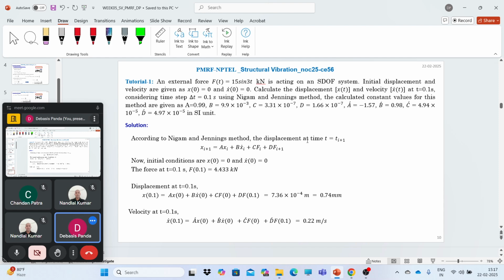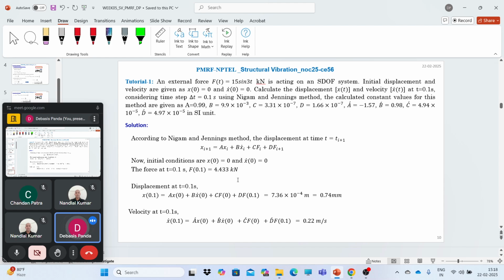Here the forcing function is given as 15 sine 3t, so instead of t, just replace 0.1. So we will have 4.433 kilonewton here. And for another time instance, if we need to calculate the response at 0.2 seconds, then we need to again calculate the force at 0.2 second.